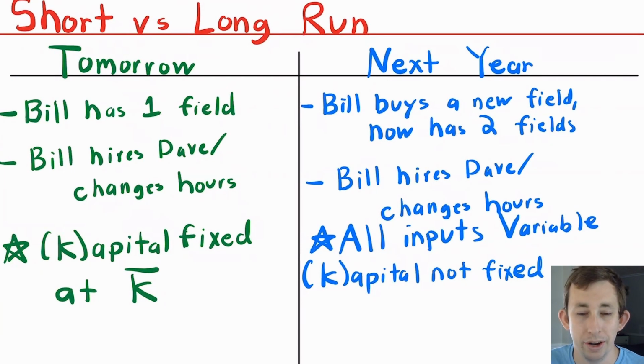But this week or next week or this month, he's not able to do that. The only thing that Bill can change in the short run is labor. So he can work harder, he can work not as hard. Maybe Bill hires Dave or Deb or one of his other friends to come help him work the field, so he can change labor in the short run, but he can't change capital in the short run. Capital is fixed. Generally, we use K upper bar to denote the fact that capital is fixed in the short run, but in the long run, Bill can change both labor and capital.